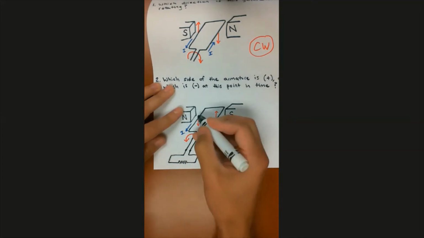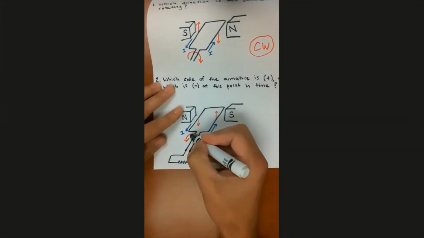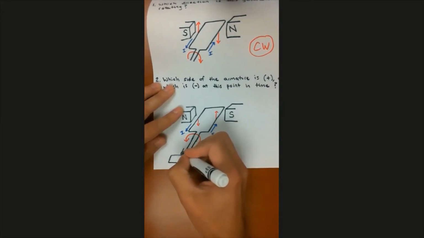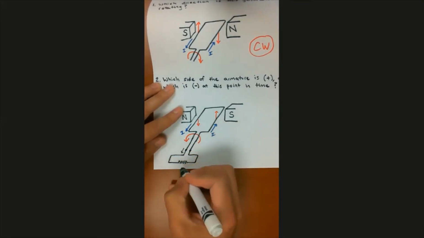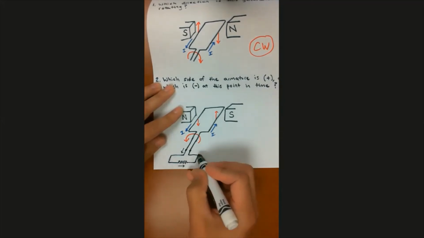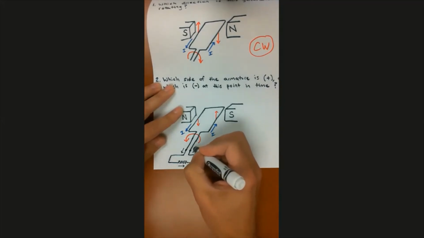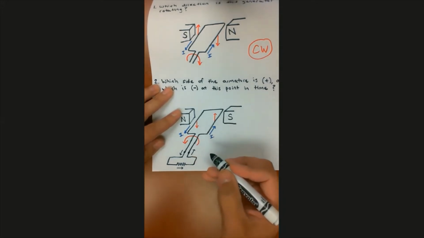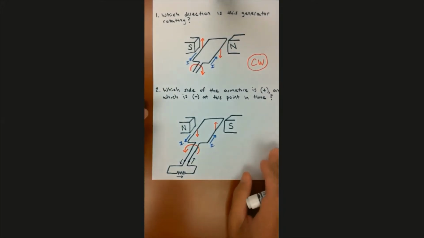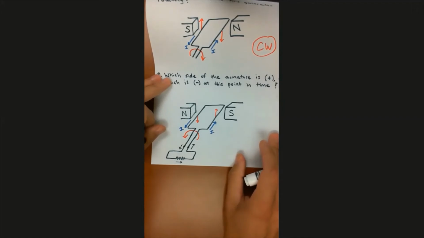So current is flowing out of the left side of the armature. It's flowing this direction, from left to right, the way I've drawn it, through this resistor. And then it's flowing this way back into the armature. All right, and we know that current, by definition, flows from positive to negative.